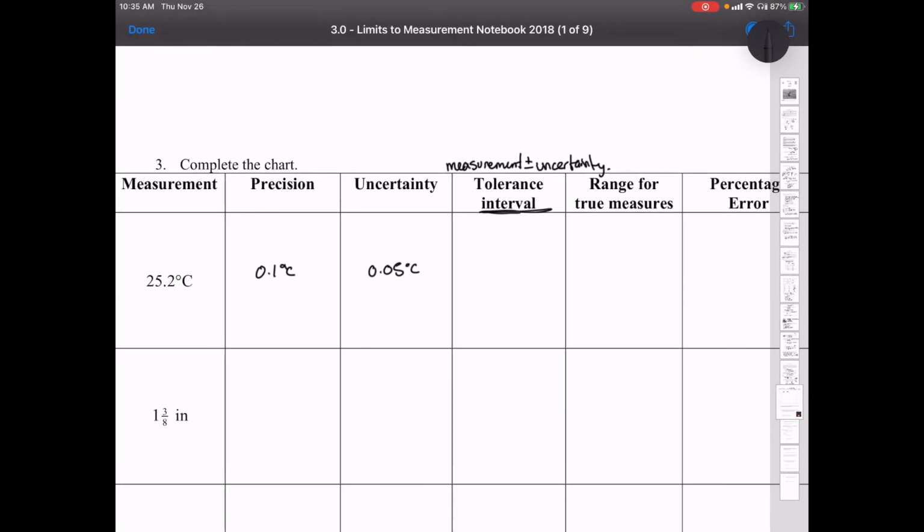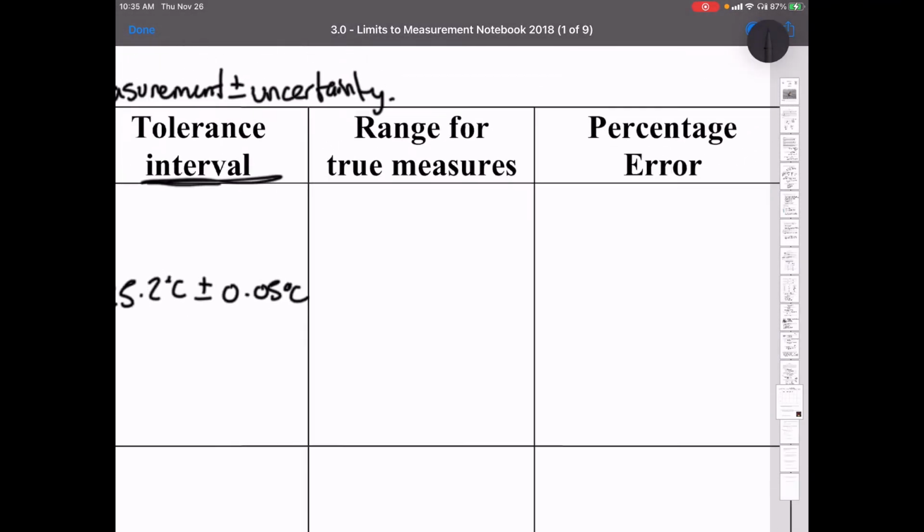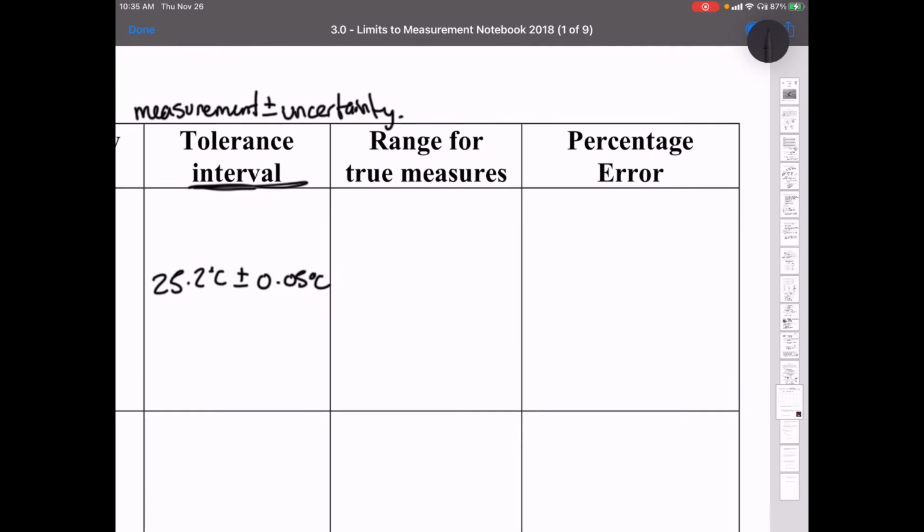So you would take your measurement, 25.2 degrees Celsius, plus or minus 0.05 degrees Celsius. From there, we can figure out the range of the true measures. The minimum value would be 25.15 degrees Celsius, and our maximum would be 25.25 degrees Celsius.